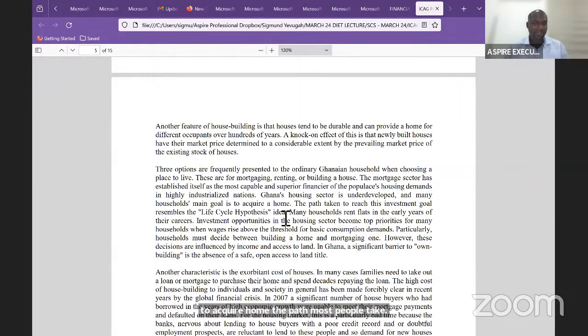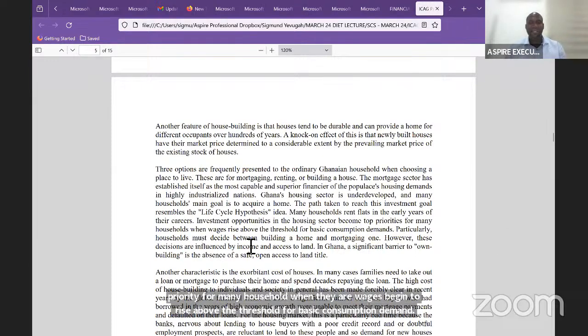Is to build their own houses, which has a life cycle hypothesis idea. Many households rent flats in the early years of their career, then they invest in the housing sector, exactly, and then obviously have their own houses, exactly. Investment opportunities in the housing sector become top priority for many households when their wages begin to rise above the threshold for basic consumption demand.